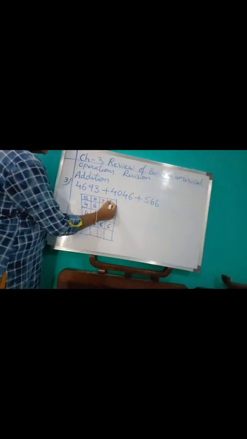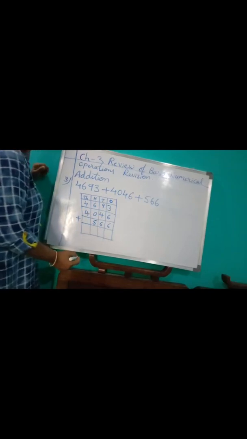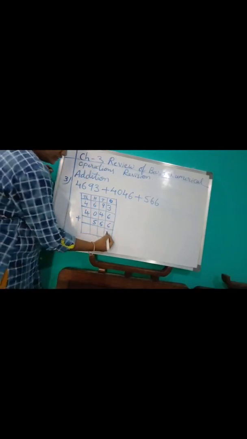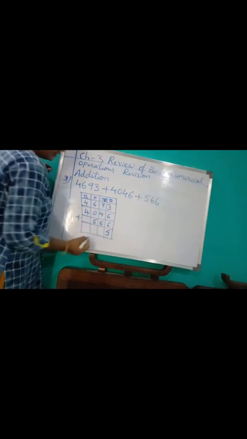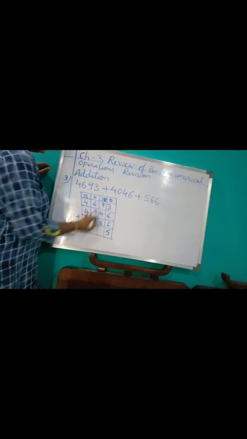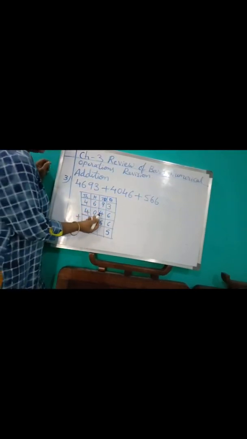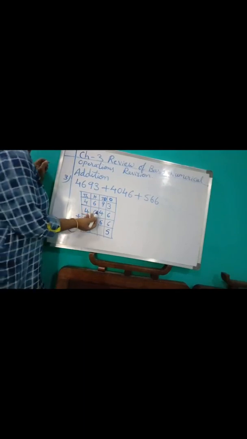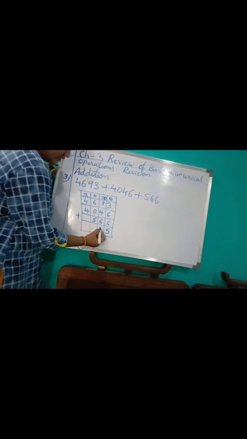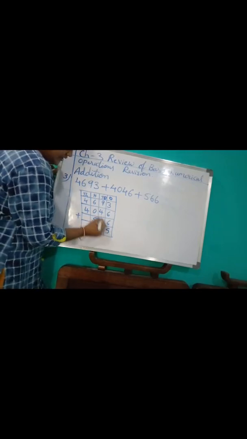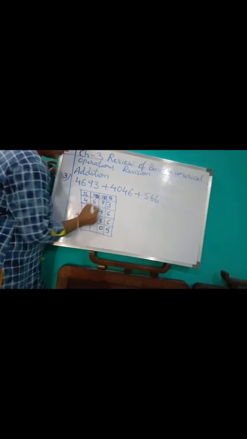See here, 3 plus 6, 9. 9 plus 6, 15. Like that only should write 15? No. 5 here, 1 carry forward. Again, 9 plus 1, 10. 10 plus 4, 14. 14 plus 6, 20. Yes, 20 means 0 here, 2 carry forward.